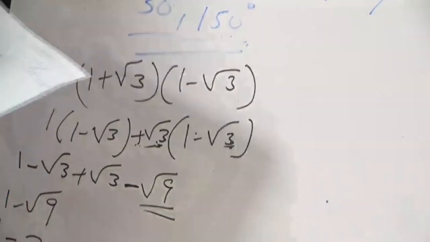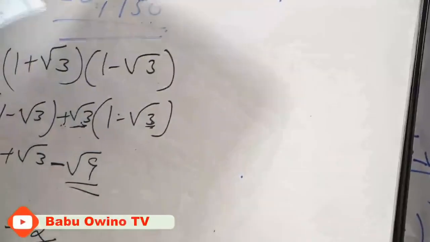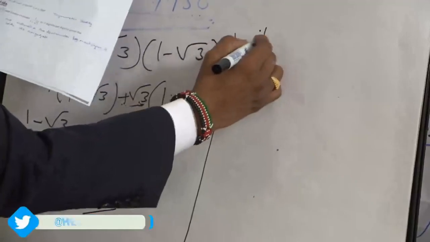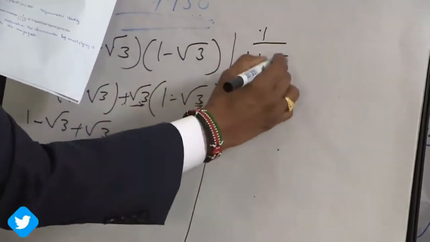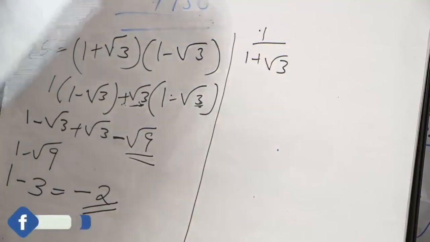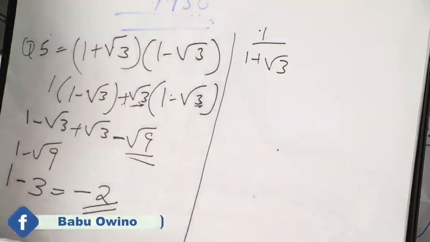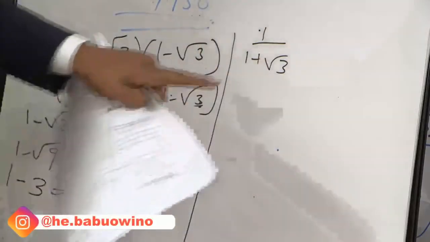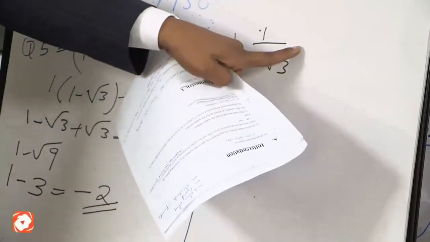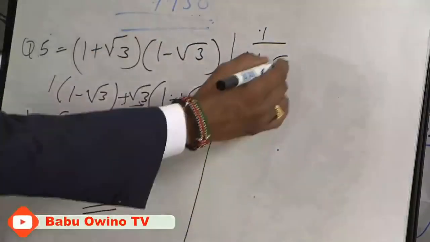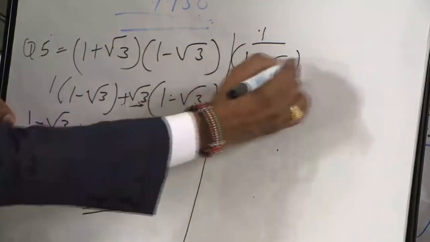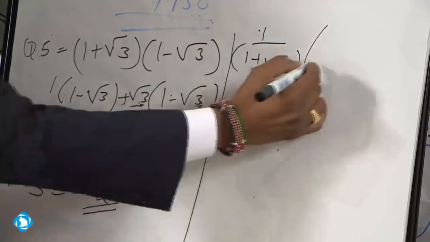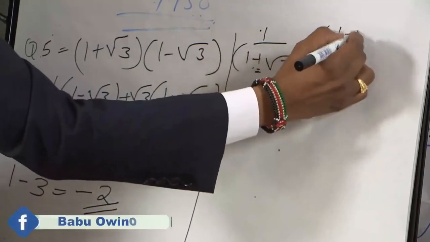Then you are told to simplify this and hence evaluate 1 divided by 1 plus root 3. When you are told to evaluate this, number 1, rationalize the denominator by multiplying this value with its conjugate. The conjugate is just the same value but with the sign changed, so you multiply by 1 minus root 3.